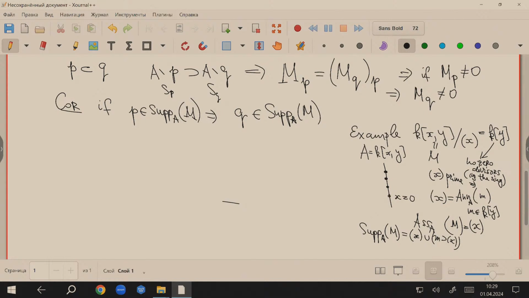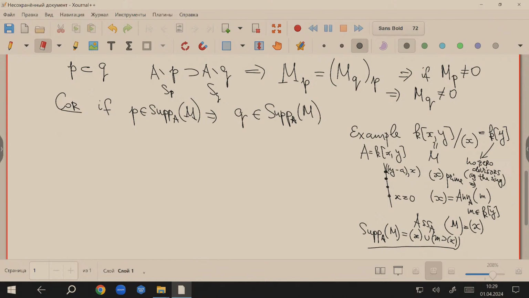So this will be the ideal generated by y minus a and x. And this will give you the set of other ideals that belong to the support. This is left as an exercise to establish. But notice that here the set of associated primes is finite, and here is an example where the set in the support is infinite.